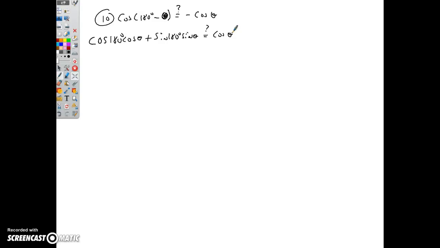Is that right? I think it's negative 1. Cosine of theta plus what's sine of 180? Oh, I dropped my negative on the way here. Hold on. 0 times sine of theta. That's 0, so negative cosine theta equals negative cosine theta. Am I done?